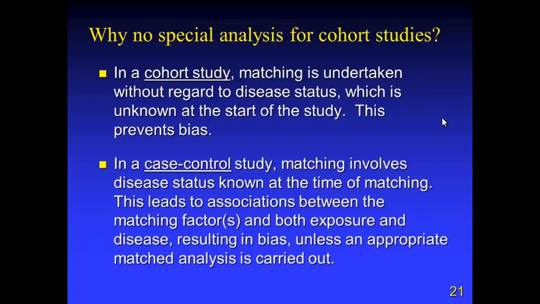The reason is that unlike a case control study, a cohort study begins without any knowledge of disease status, and that prevents the bias because you're only matching on the one thing, the exposure. But in a case control study, the matching can be influenced both by exposure and disease, and that is what introduces the bias, and that's why you have to carry out an appropriate matched analysis to avoid that, but not for cohort studies.